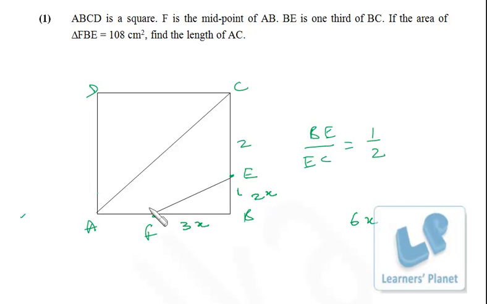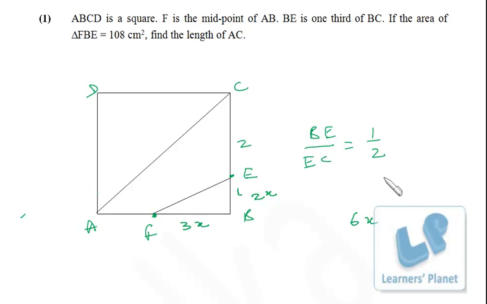Because AB is equal to BC, both of them are sides of the square. BF is half of AB, so this is 3x and this is 2x. So we have been given the area of triangle FBE.